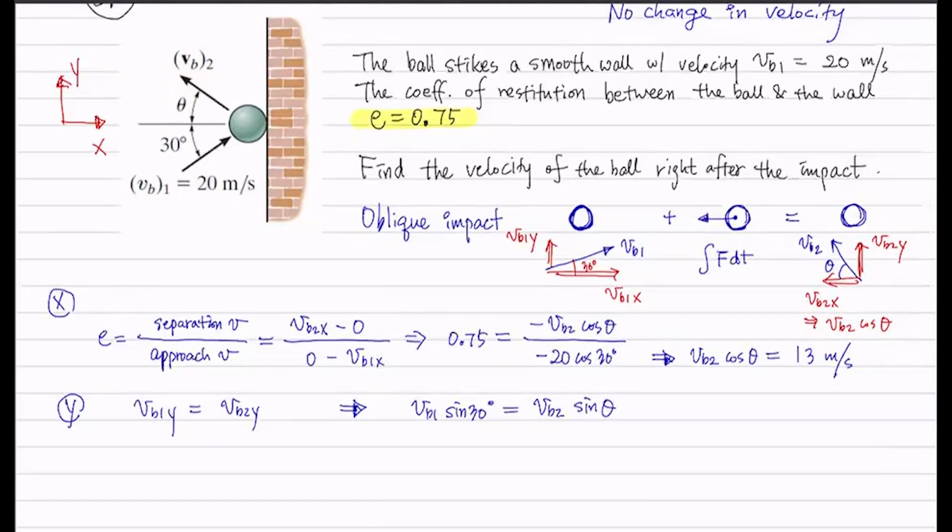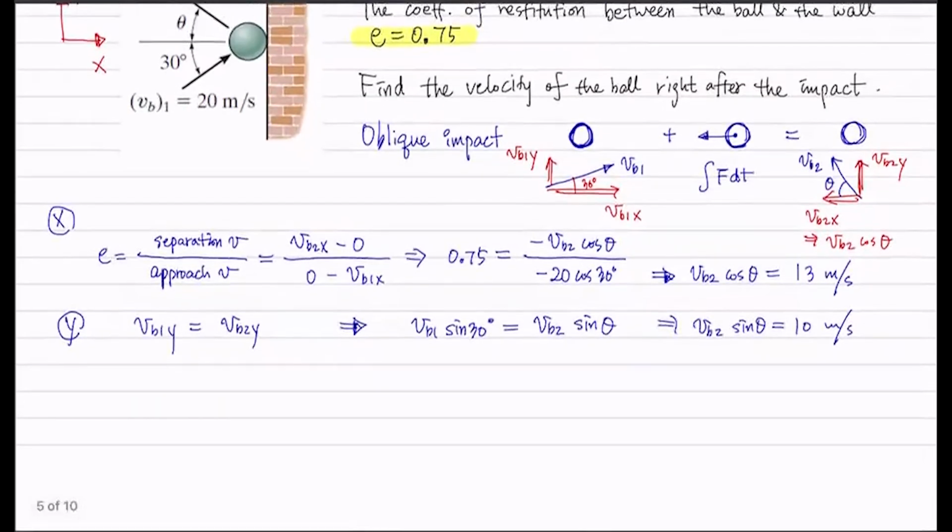And this is 20 here, so VB2 sine theta is going to be 10, right? This was 20, so 10 meters per second. So we have two equations and we have two variables, VB2 and theta. So we can easily find the values.